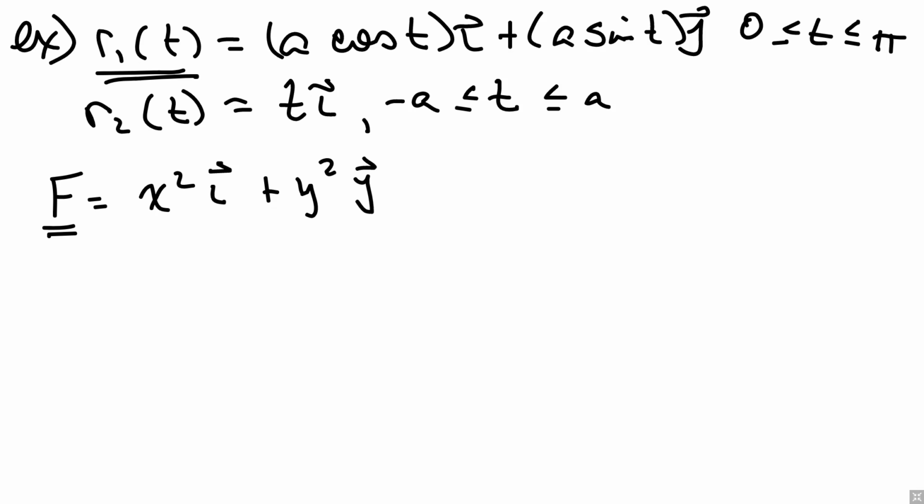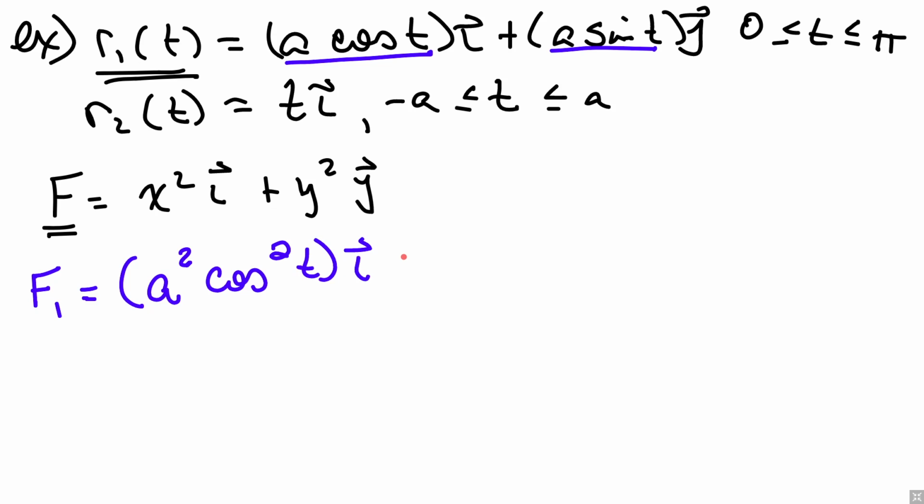Our force F1 function is going to be defined by taking this and plugging it in for x, and this for y, so we get everything in terms of time. So we have a squared cosine squared of t in the i direction plus a squared sine squared t in the j.